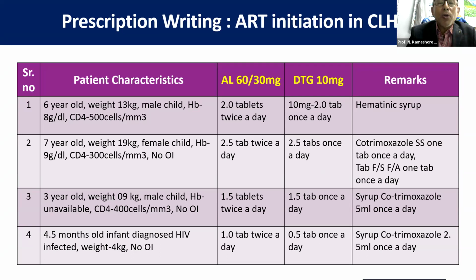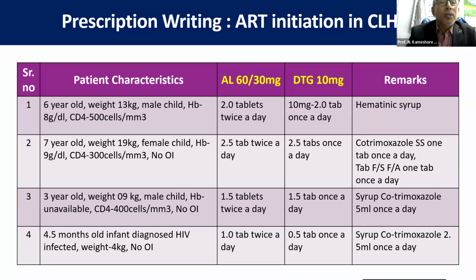And DTG also 1.5 tablet once a day. Here, as the child is less than 5 years, irrespective of the CD4 count, we will give cotrimoxazole prophylaxis, and the dose is 5 ml once a day.